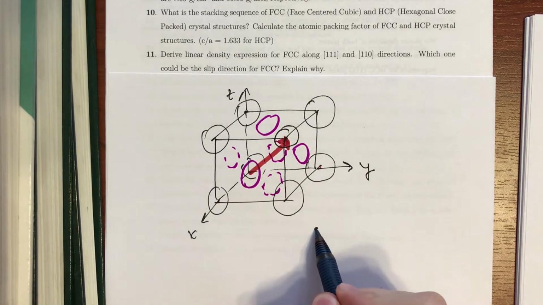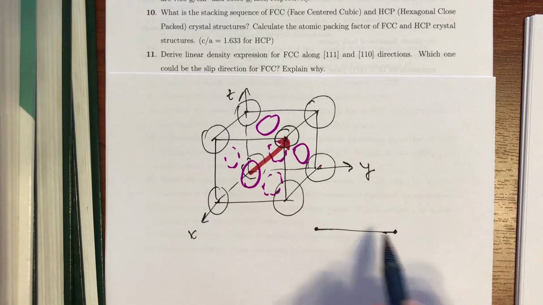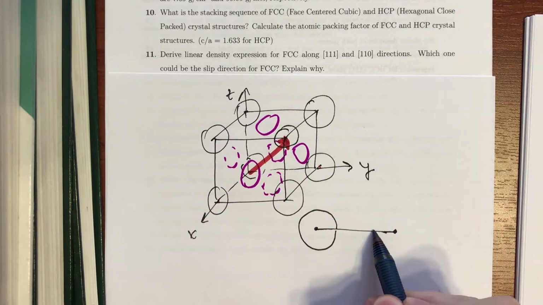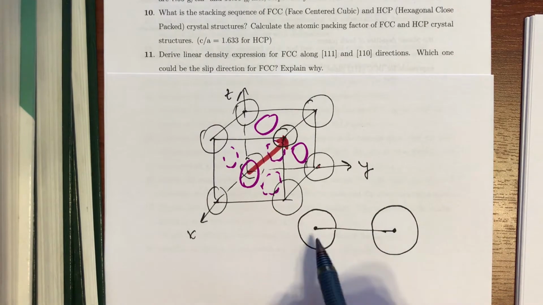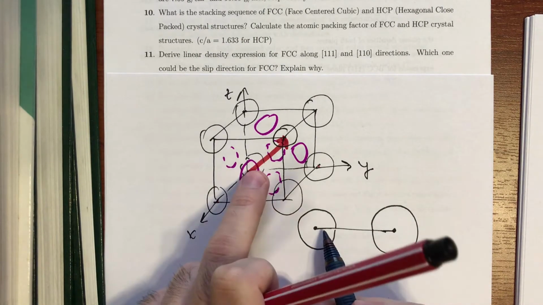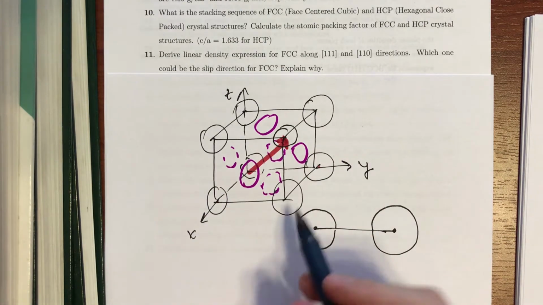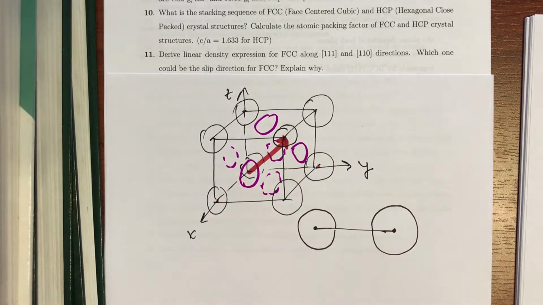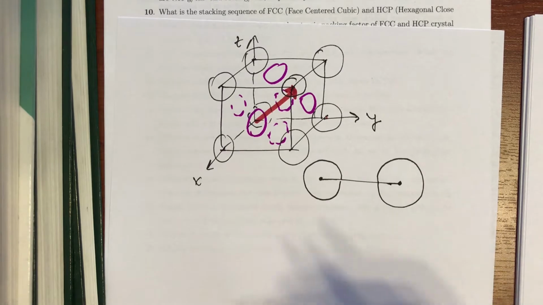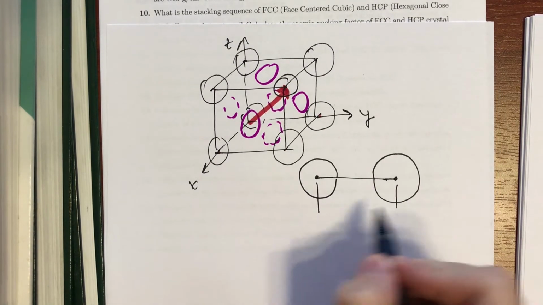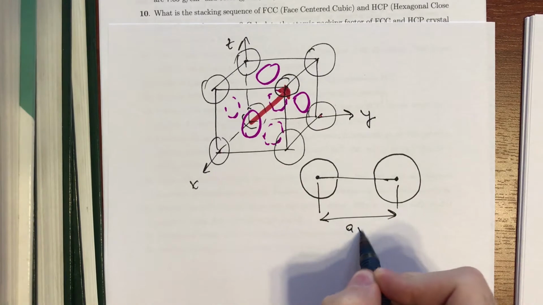So along the body diagonal, we have only 2 atoms, the corner atom at the origin and corner atom here, and nothing else, since there's no body atom in FCC. And remember that the direction itself must pass through the centers of the atom. So this is the body diagonal, a square root 3.